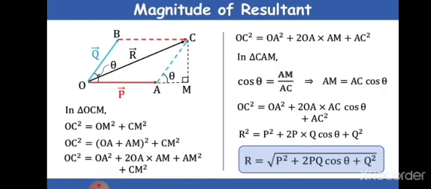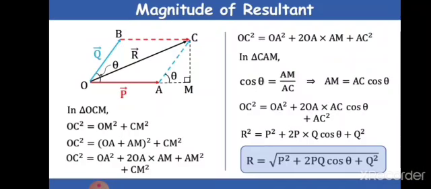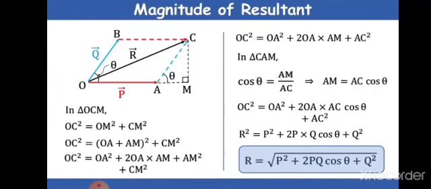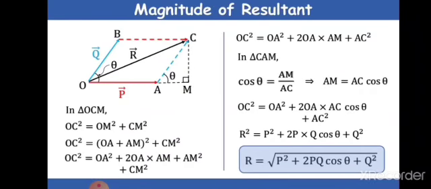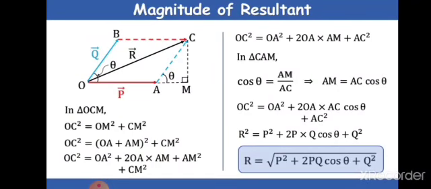AM square plus CM square, that we can write as AC square, from the triangle CAM. So OC square is equal to OA square plus 2 OA into AM plus AC square.